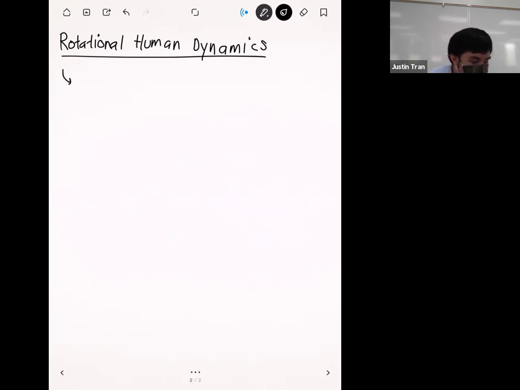This is particularly relevant for human dynamics because when we talk about human motion, a lot of times we talk about a limb that's moving, that's rotating about a particular joint.